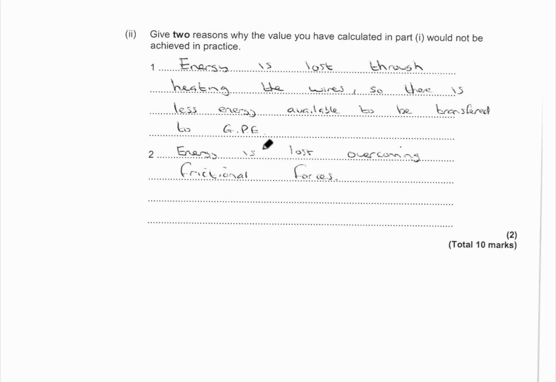What you can't have is energy is lost due to sound, energy is lost due to air resistance, or just general energy is lost because the wires have resistance. If you want to say something about wires having resistance, you have to say that the wire's resistance means that you have heating, and so you go back to this point over here. So you have to be very specific again. So that's question number 44 of the Fields and Capacitors homework booklet.